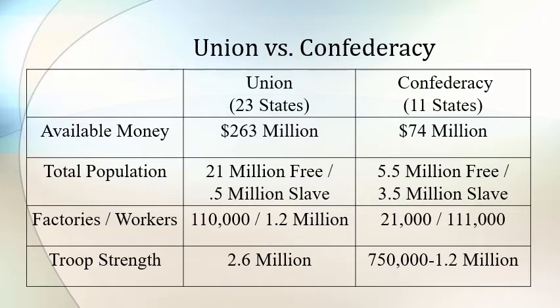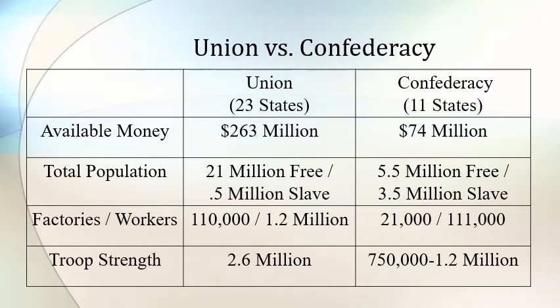Factories. Again, America's industry, as we've talked about in the past, is primarily in the North. Therefore, 110,000 factories in the North versus just 21,000 in the Confederacy. And therefore, it would make sense that the North would have more workers, 1.2 million, versus just 111,000 in the South.